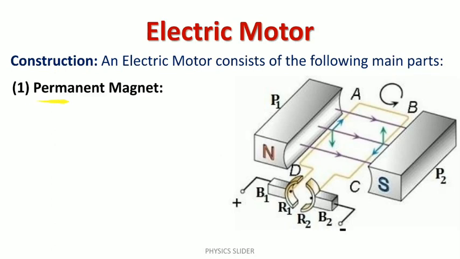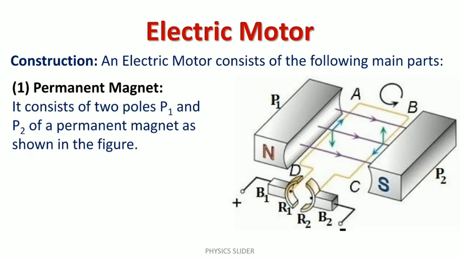First one is the permanent magnet. Watch here. The north pole of the magnet and the south pole of the magnet. Since the magnet does not move, it remains stationary, that's why we say the magnet is permanent. So this is the pole P1 and this is the pole P2 of the permanent magnet.